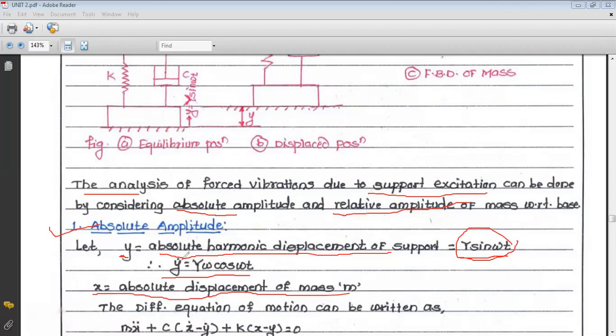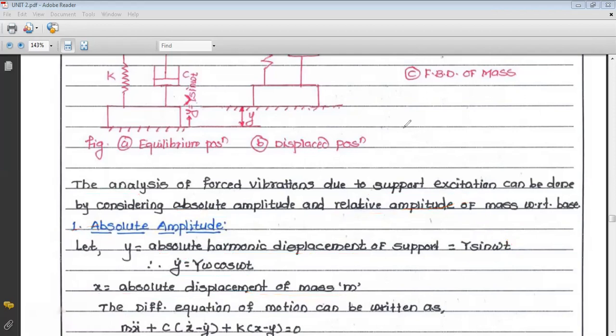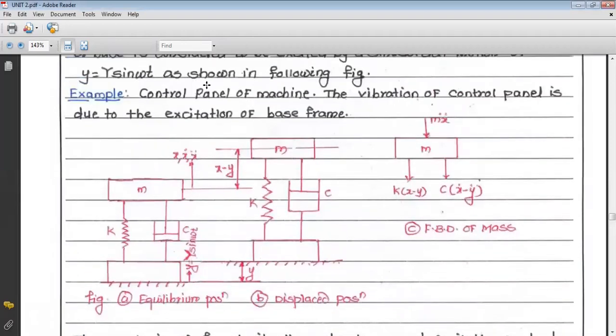Now if we take the free body diagram, all these three forces because of the base excitation, that is first the inertia force m x double dot, then the spring force k into x minus y, and the damping force c into x dot minus y dot, all have the same direction.